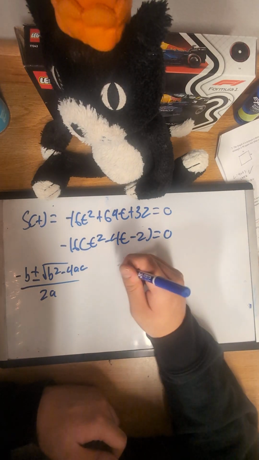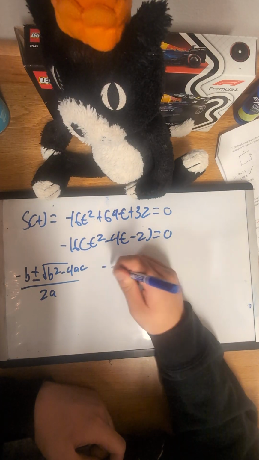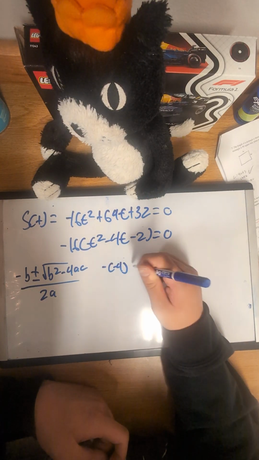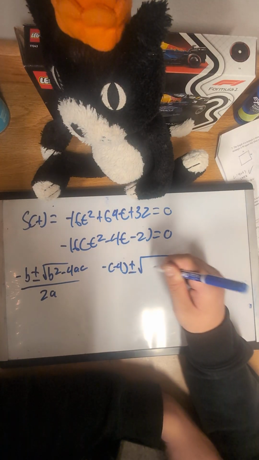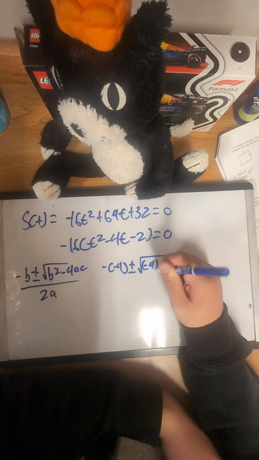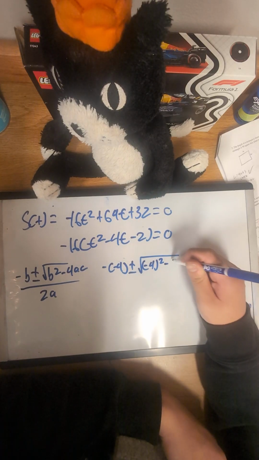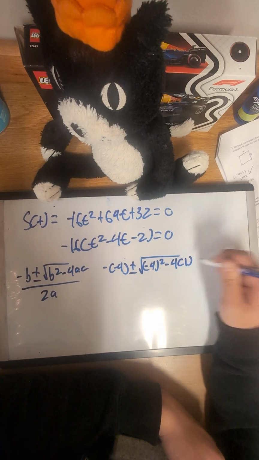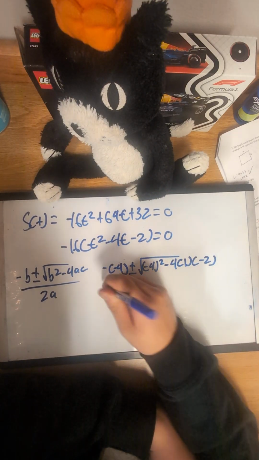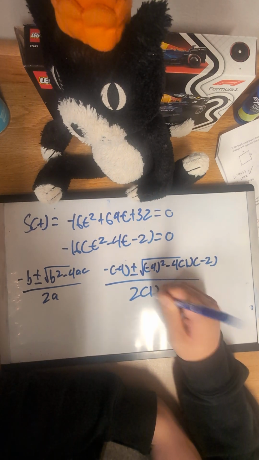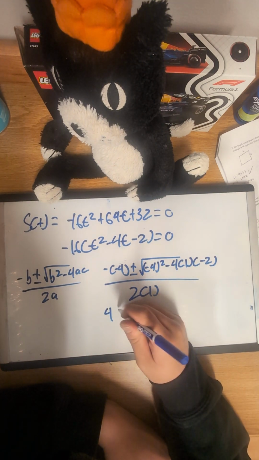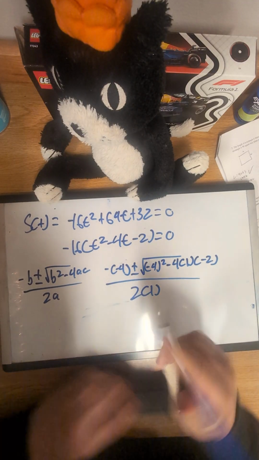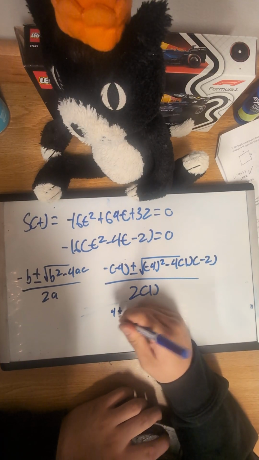Plugging that in, it would look like this: negative negative 4 plus or minus the square root of negative 4 squared minus 4 times 1 times negative 2, all over 2 times 1.